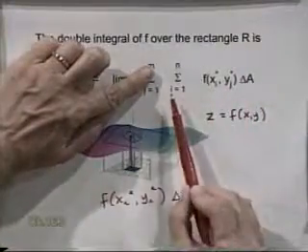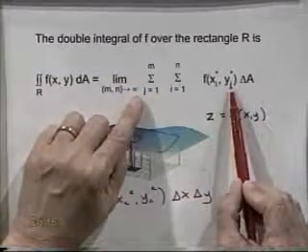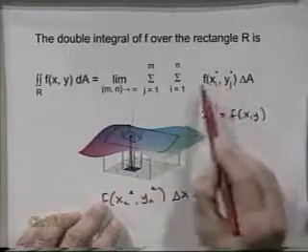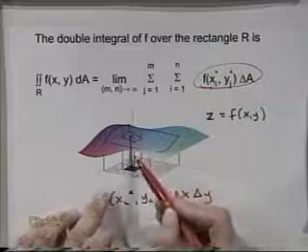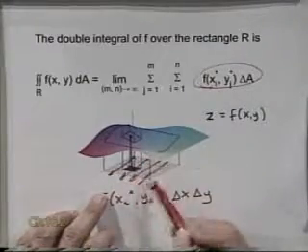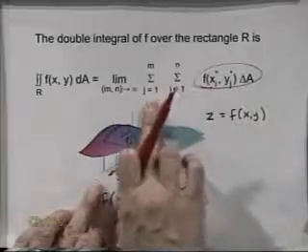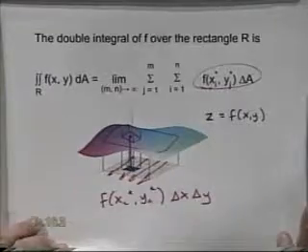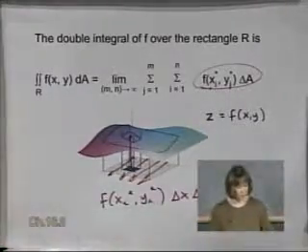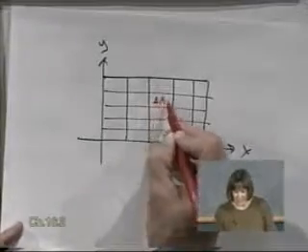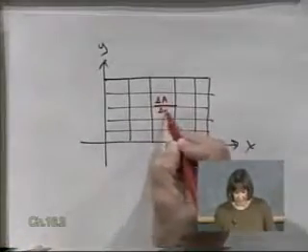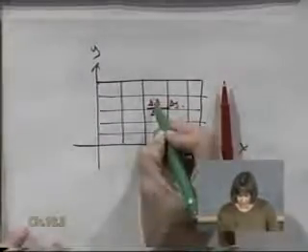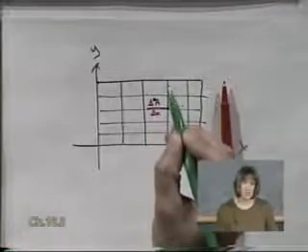It's saying, if you pick your j to be constant, let some y be constant, and look at all the ones as you let i change, the first one, the second one, the third one, the fourth one. Add up that volume. And then after that, you add up all your volumes going this way, summing up j equals 1 to m. So the whole idea is very similar to what we did in Calculus 1, but now we're breaking up our regions into little areas delta A, which you could represent as delta x times delta y, and then pick some point in that little region, go straight up and say, what's the height of the function at that point?